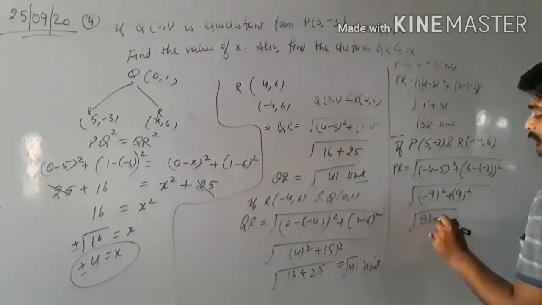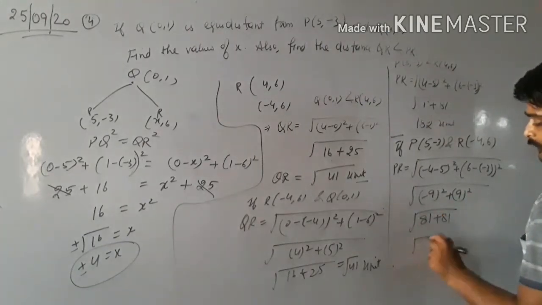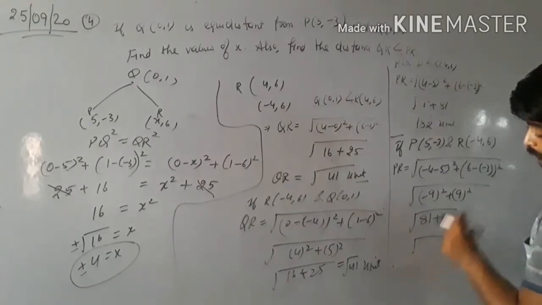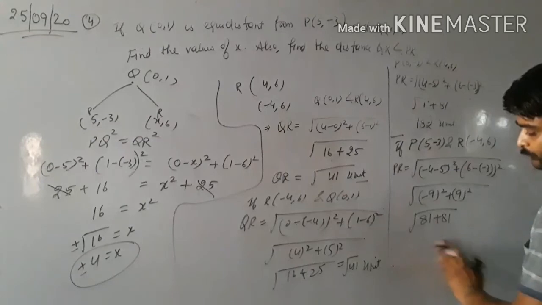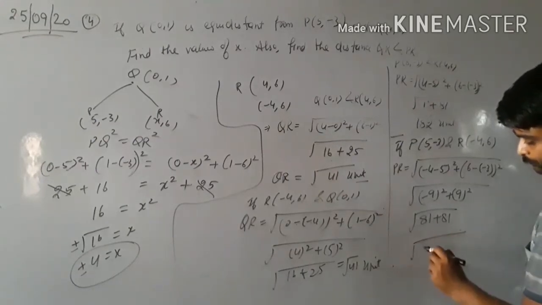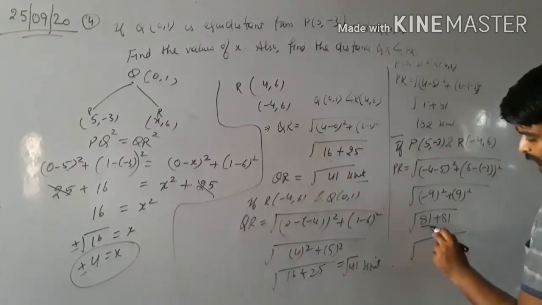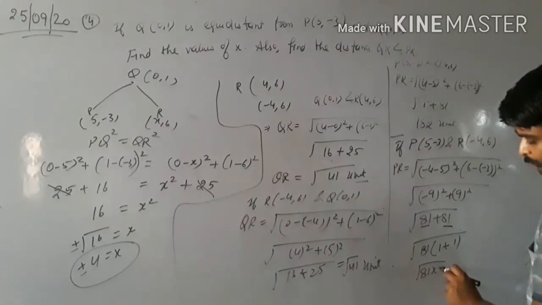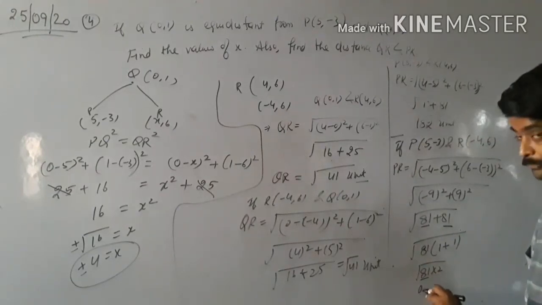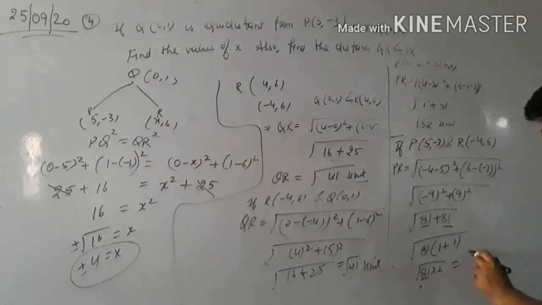So it's 81 plus 81. So it can be written as 9 root 2. How is it 9 root 2, class? Look here. If I take out 81 as common, then what is left behind? 1 plus 1, so I am writing 81 into 2. So root of 81 into 2 can be written as 9 root 2 unit.